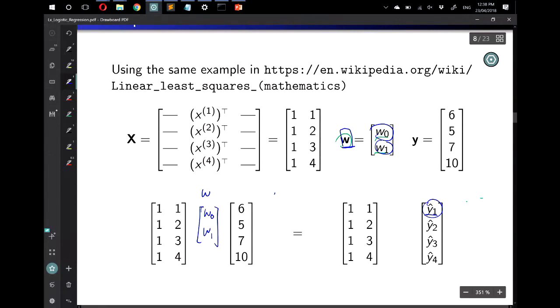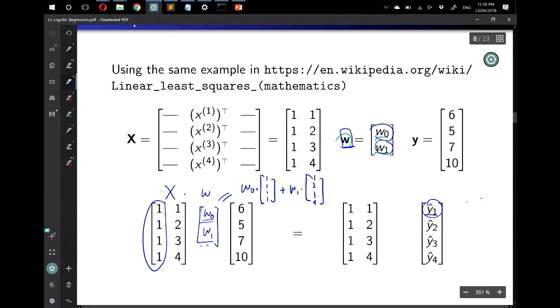One of the things we mentioned in linear algebra is that whenever you have a matrix X times W, you can think about this from the algebra point of view: the result is W0 times the first column, 1, 1, 1, 1, plus W1 times 1, 2, 3, 4. It's nothing but a linear combination.